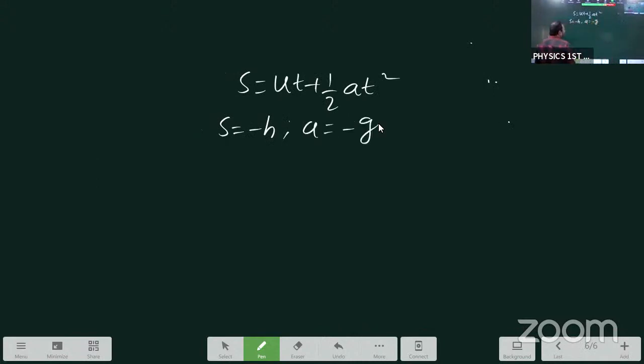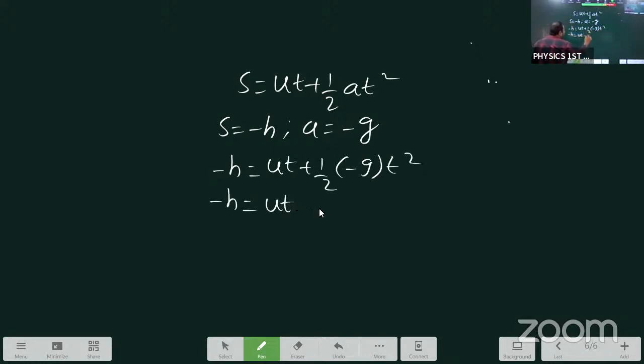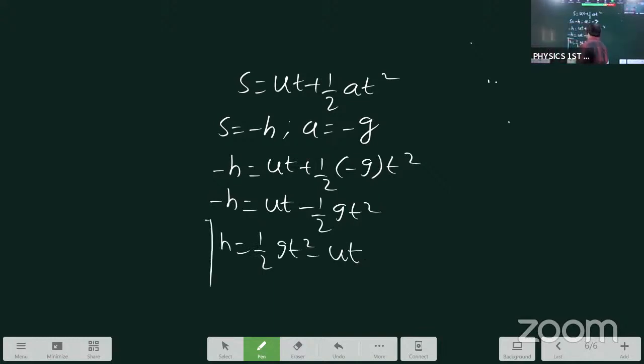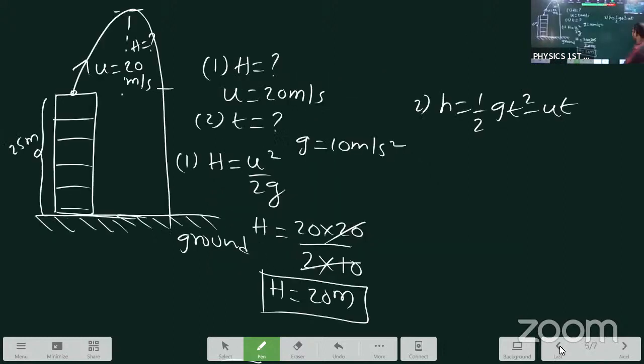Body moving upwards means minus G. Substitute: UT plus half, A means minus G, UT plus into minus minus half GT square. Multiplying by minus on both sides, we get half GT square minus UT. Overall, the displacement formula in the case of a building is half GT square minus UT.